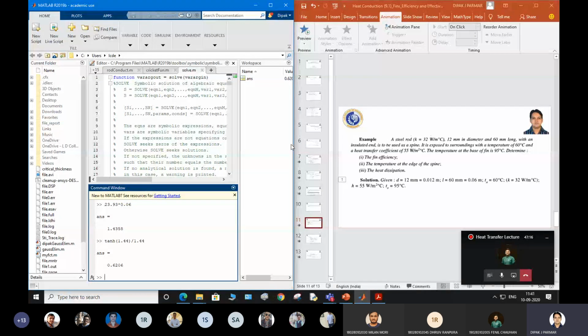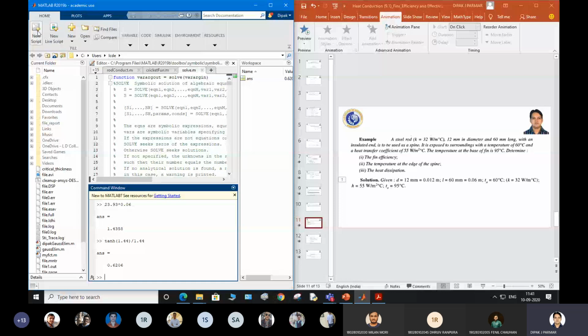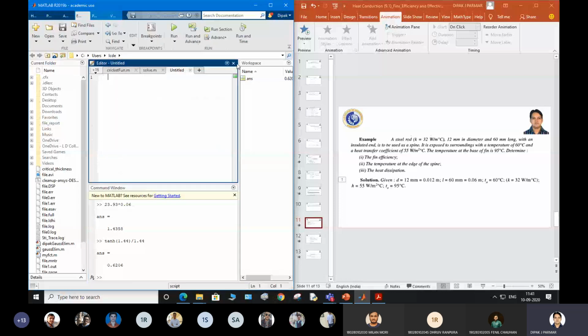What I am doing is solving the same numerical problem with MATLAB. So let us start with this. The diameter given to us is 12 mm, so I am directly writing it in meters, 0.012 meter.